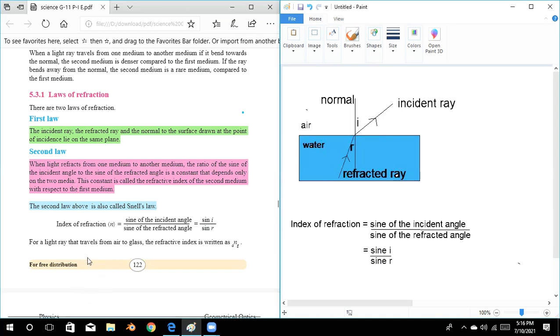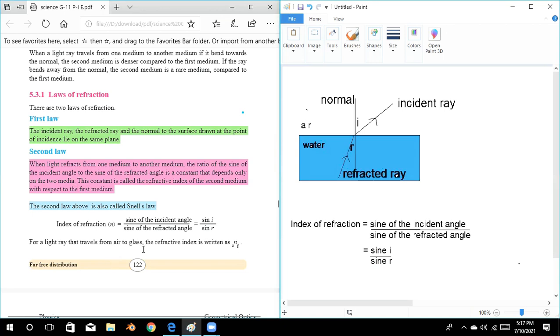Here, the light ray travels from air to glass. How do we symbolize that? We can write n, with air on the left side and glass on the right side.